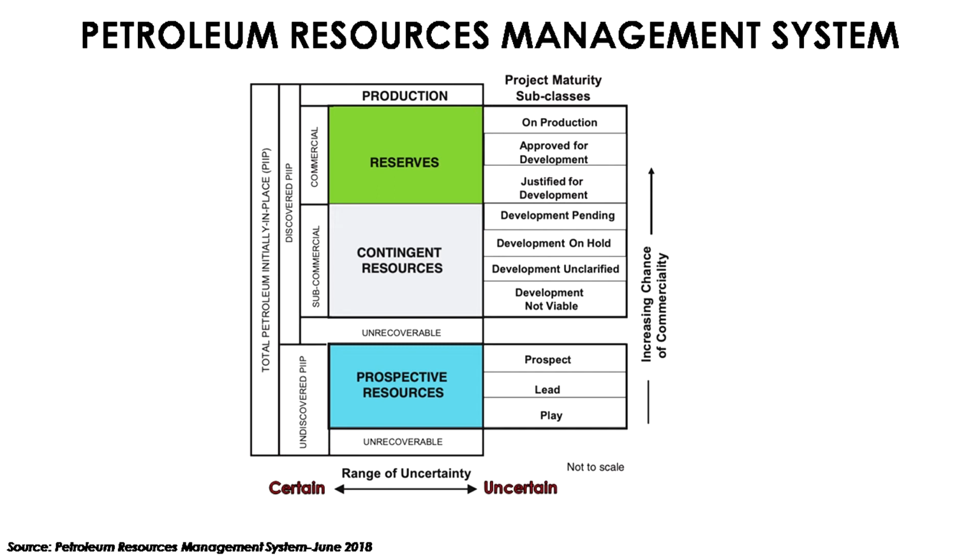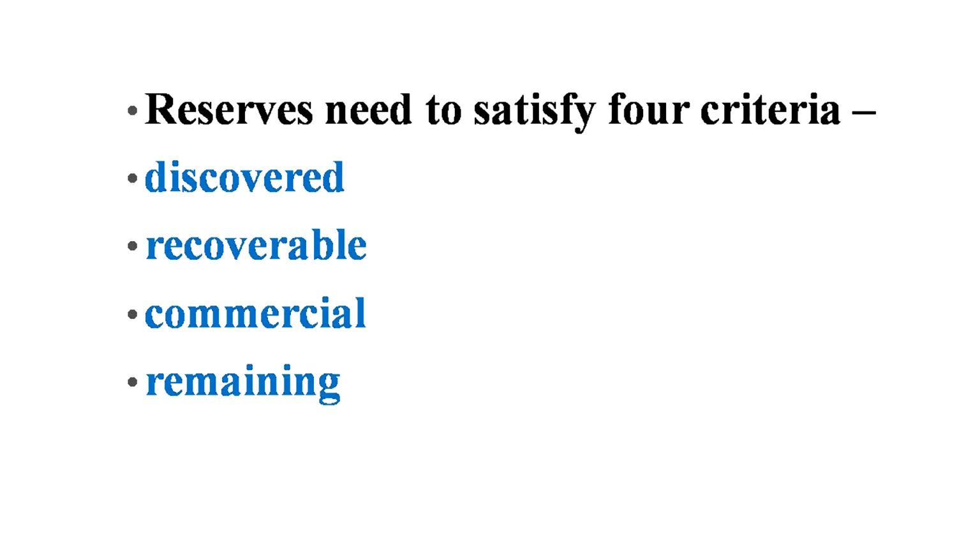So, when somebody says that I have X million oil reserves, it needs to satisfy 4 criteria. Number 1 is that the oil resources have to be discovered. So, it cannot be notional. You have to have absolute evidence that oil and gas is existing in a certain place.